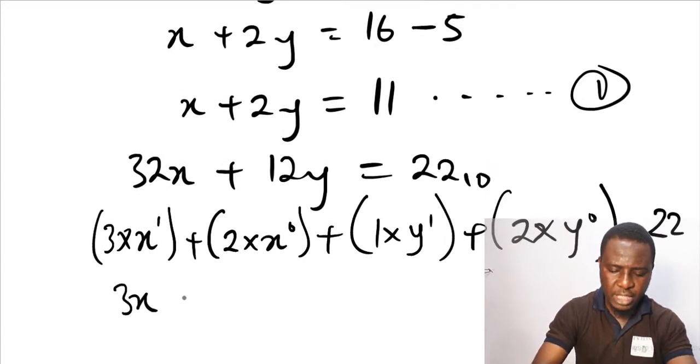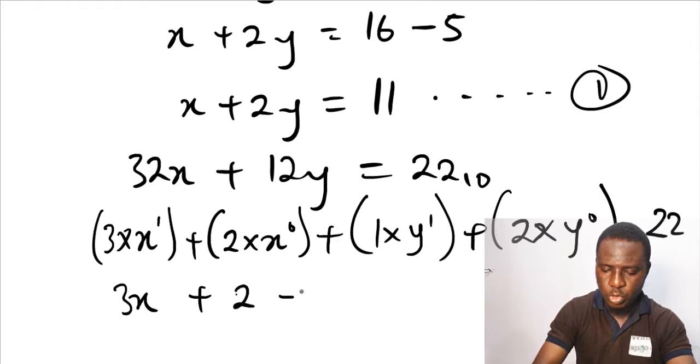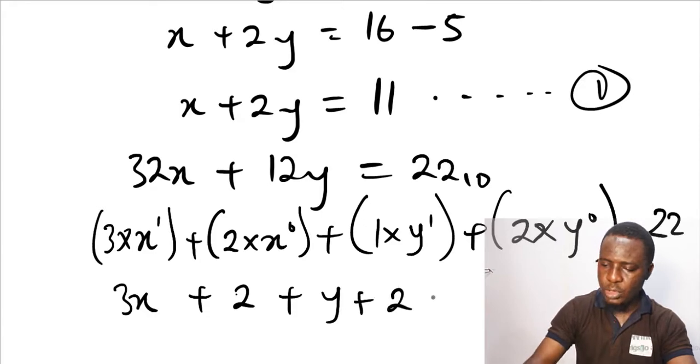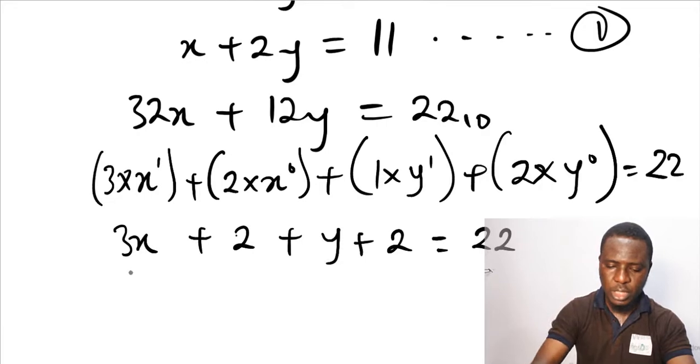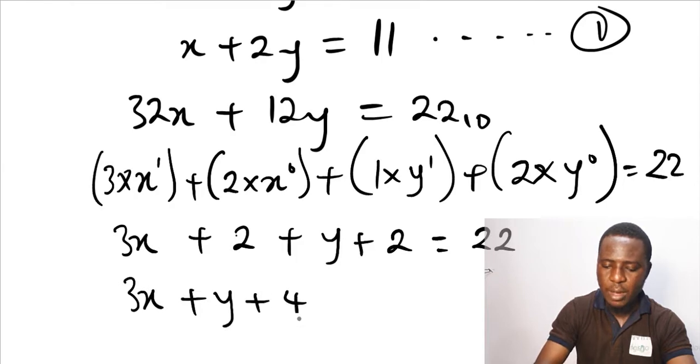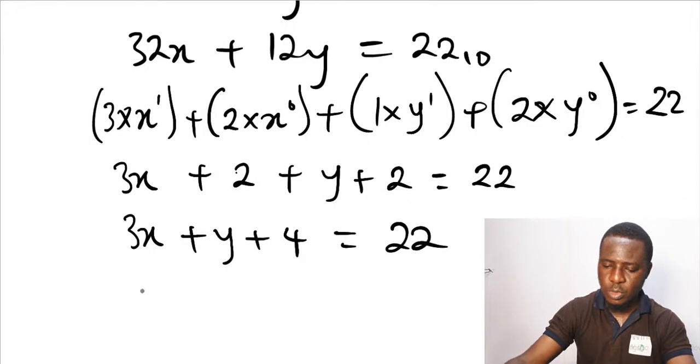So simplify for that, this becomes 3x plus 2 plus y plus 2 is equal to 22. This becomes 3x plus y plus 4 is equal to 22.